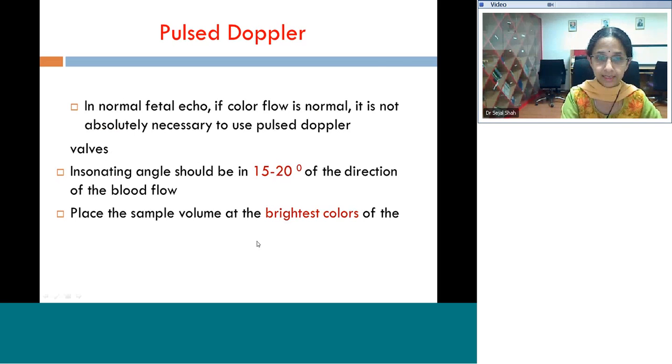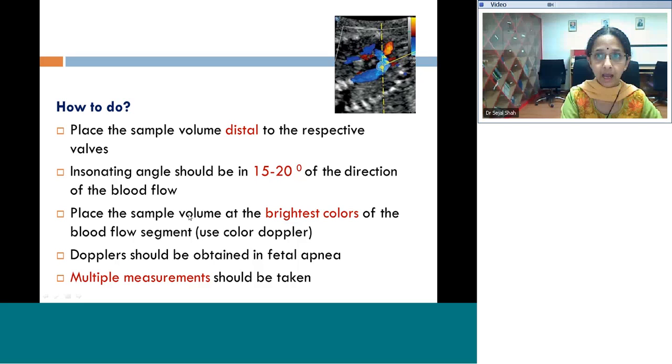So with this understanding, we see how do we go about putting a Doppler sample. For a pulse Doppler, you should place the sample volume distal to the respective valves. Distal in the sense, if it's a tricuspid or a mitral valve, you put it towards the ventricles, and if it's the aortic valve or the pulmonary valve, you put it into the great vessels. The insonating angle should be not more than 20 degrees.